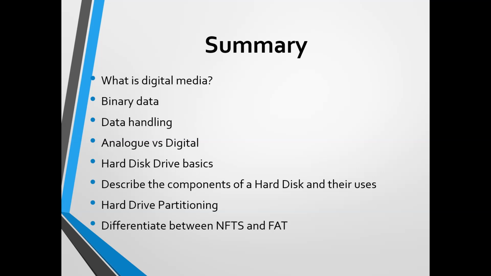We will look at the cables. We will look at the 4 types of partitions that we have, the 4 components, and how we partition our hard drives. We will then be able to differentiate between FAT and NTFS. These are the formats in which we store files on hard drives, or even any other storage devices, which are always in either FAT format or the NTFS format.